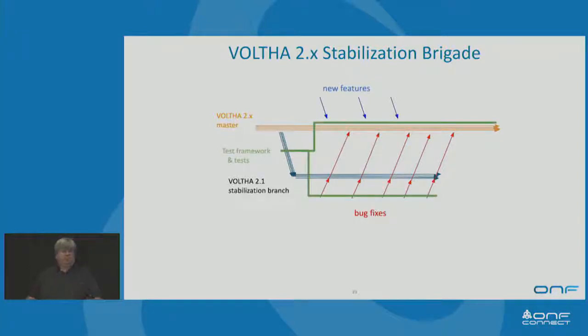And we're also doing a lot of work on test frameworks, and the test framework work spans both the stabilization branch and master. So the same test infrastructure we developed for stabilization is automatically being used on master. And the current focus of the brigade is on developing the test infrastructure as well as fixing bugs, determining stabilization issues, and making Volta more stable.